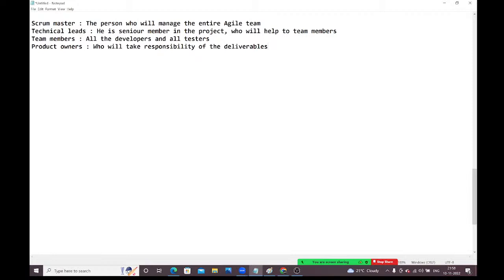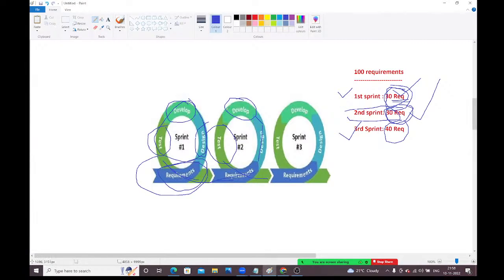So why are we saying agile? With agile we can achieve continuous delivery. Are we delivering the entire project in a single shot or multiple deliverables, guys? Continuous deliveries. This is one delivery, this is one delivery, this is one delivery. Like that, continuous deliveries are happening. We are not going to deliver the project in a single shot.